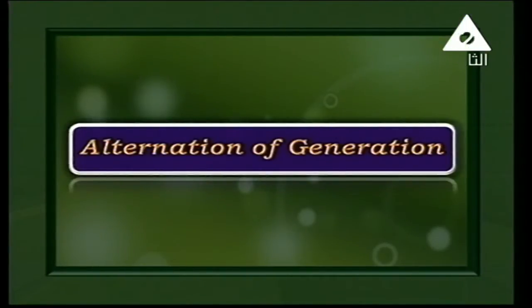After that, we have something called alternation of generation, and actually it's one of the amazing types of fertilization or sexual reproduction. From its name, it is something that alters or changes between two different forms.